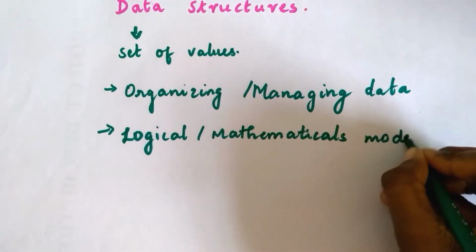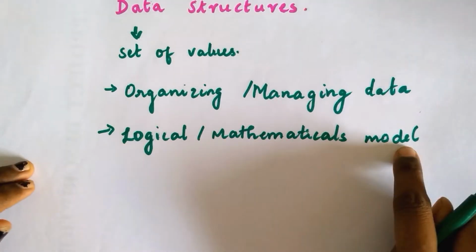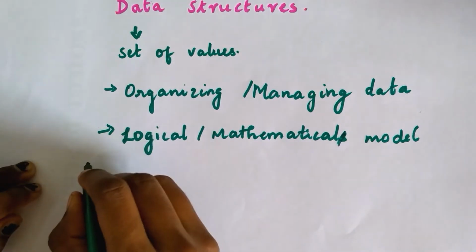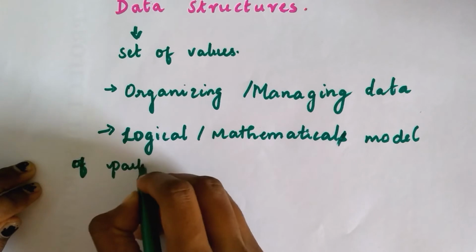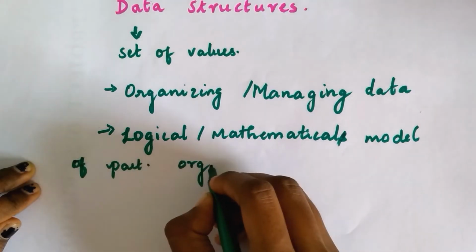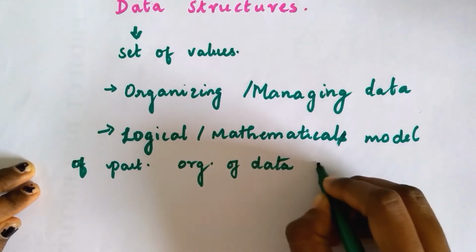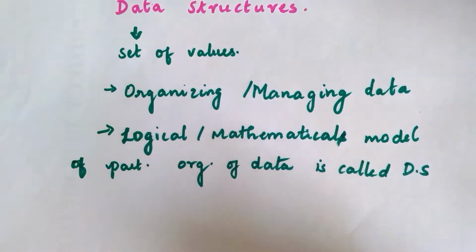Now, this logical or mathematical model of a particular organization of data is called a data structure. So this is the actual definition of the data structure.